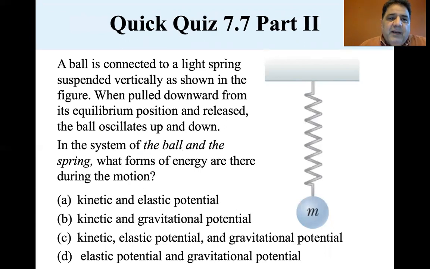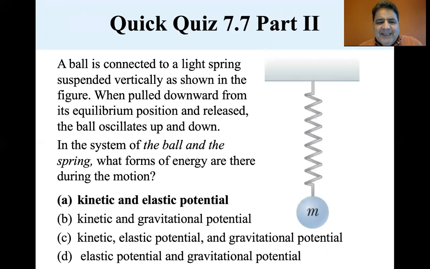Okay, let's look at the next one. A ball is connected to a light spring. It's the same problem. In the system of the ball and the spring, what forms of energy are there during the motion? The kinetic and elastic potential energy.